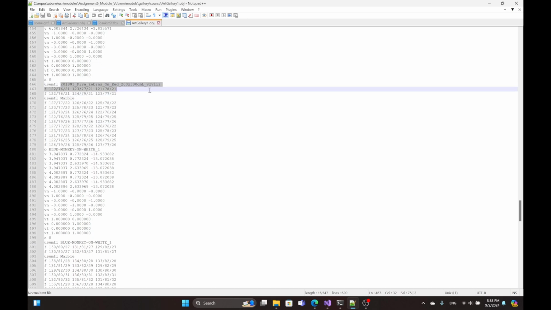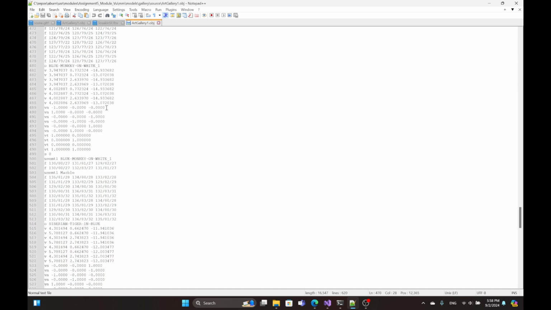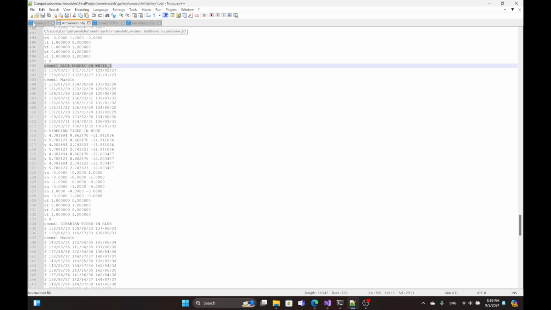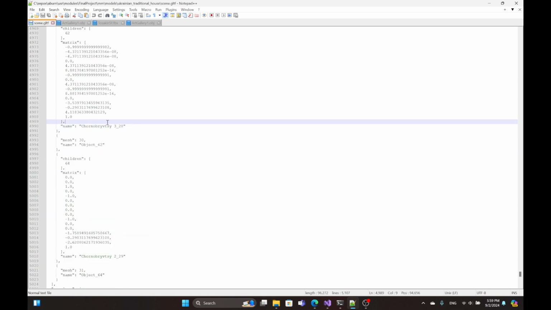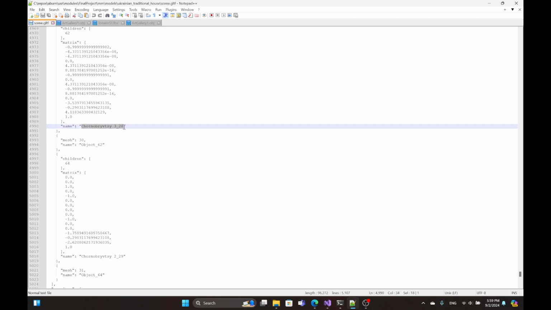ASSIMP uses these lines right here to find the name of the image that we loaded as the texture. Same as here, this file has the name of things right here. It should automatically load even with the current model, as long as the image is inside the same folder as the object.